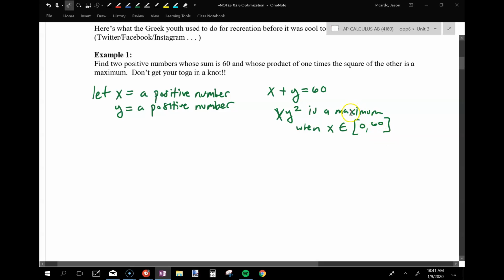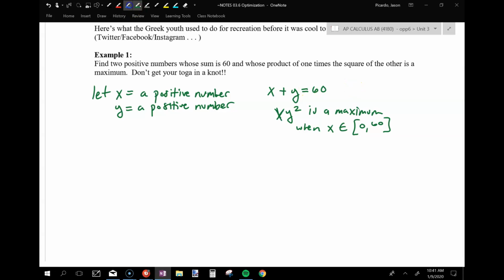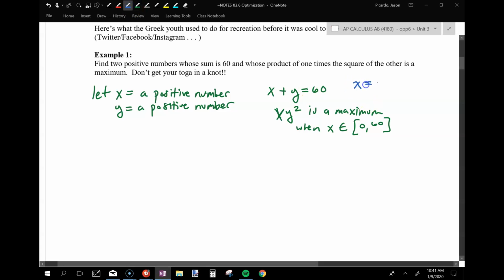What's our issue? Our issue is that we have two variables here. But can't this condition be solved and plugged into this condition in order for us to get one variable? Kind of like a system. You want to solve for x or y, choose. All right, we're going to solve for x. So x would equal 60 minus y.